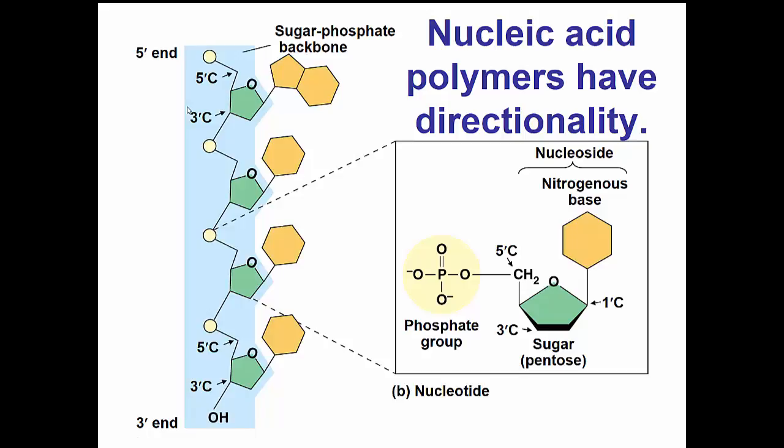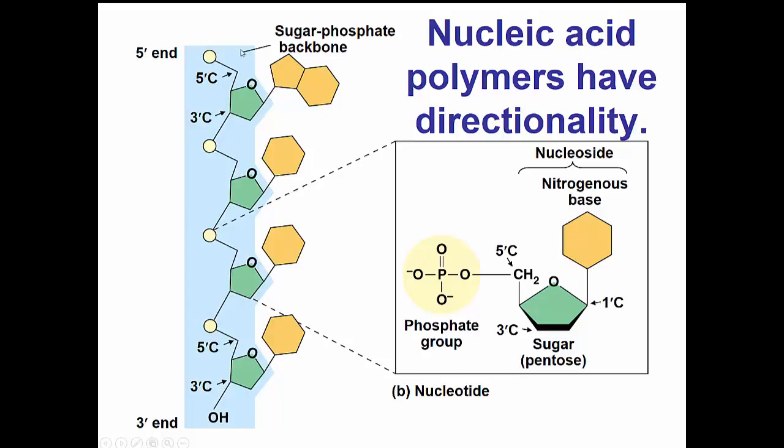We know the polymers, which are DNA and RNA. And the bond between monomers is known as a phosphodiester bond. These create the sugar phosphate backbone, and then the bases, those nitrogenous bases, stick out into space.